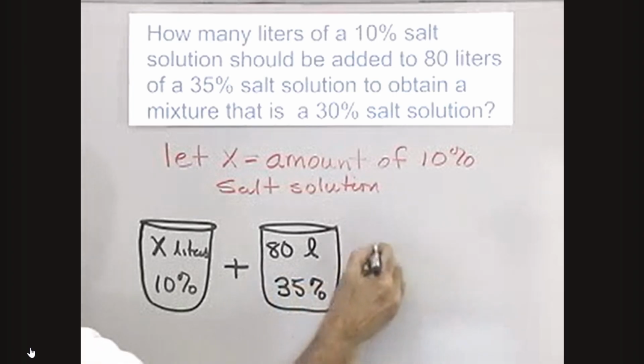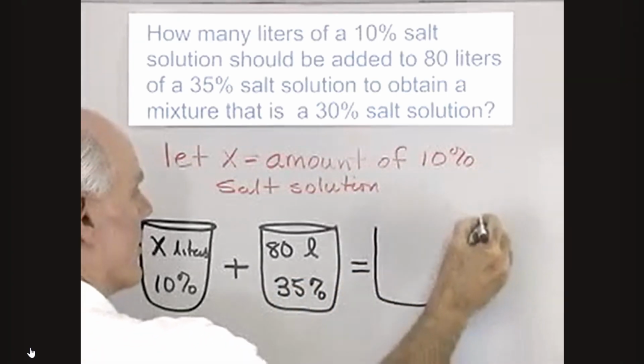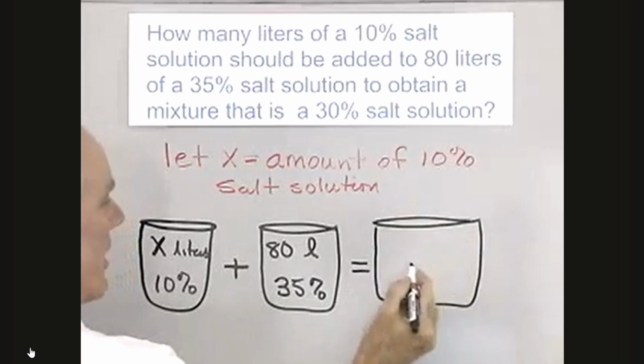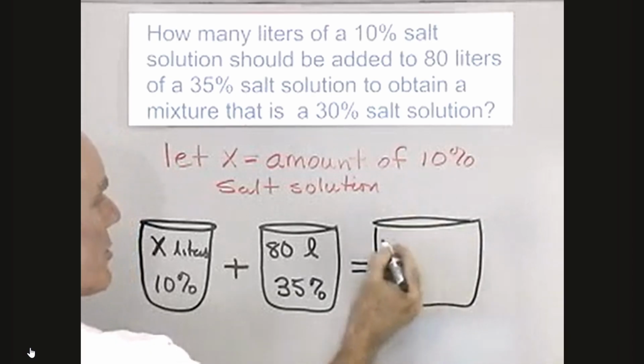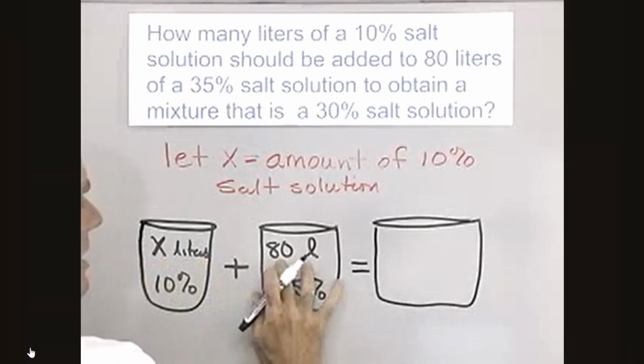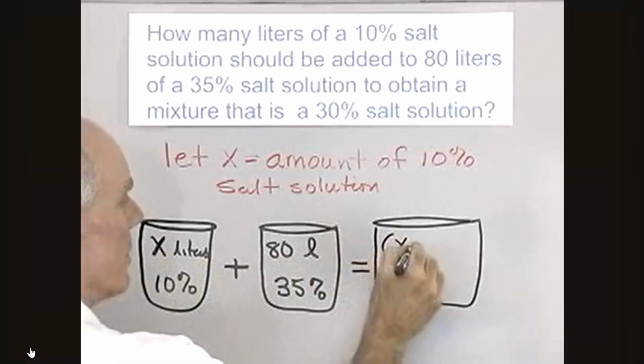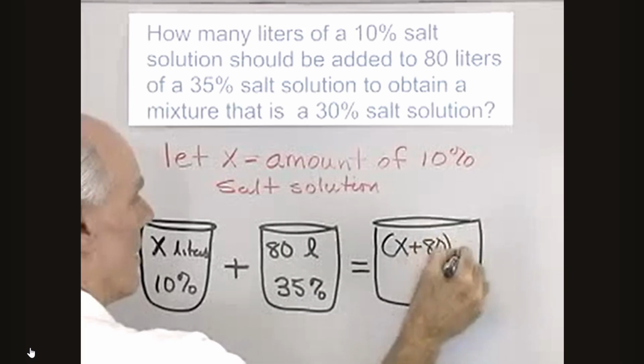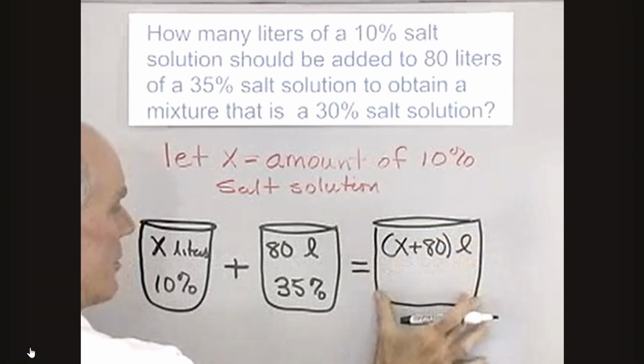And that's going to end up to be, draw this one a little bigger, although these don't have to be that accurate. How many liters are going to be in the final solution? Well, this x liters plus this 80 liters, so x plus 80 liters in this solution right here.